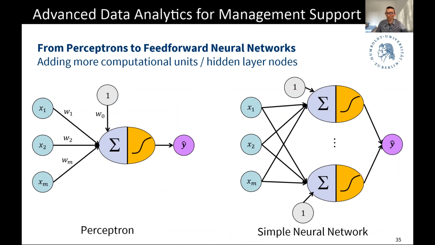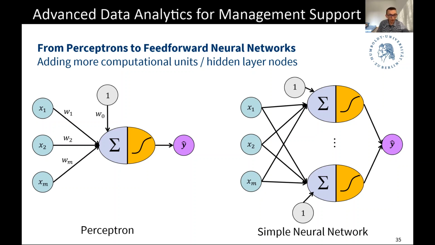So we can, first of all, add as many computational units as we like. We have the perceptron again, and I was trying to highlight here how one of these units in these graphs always represents two operations: input aggregation, you have the sum, and nonlinearity, you have this, well, that's my attempt to draw an S-shaped function, right?